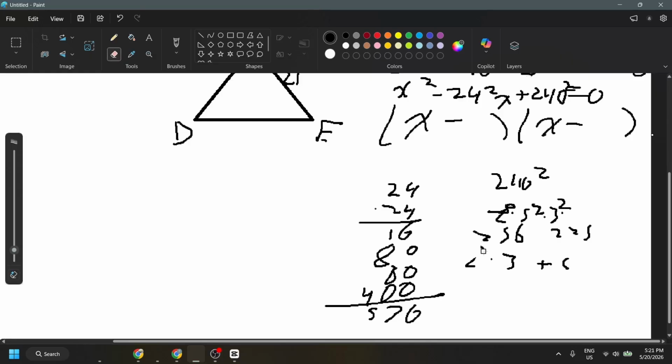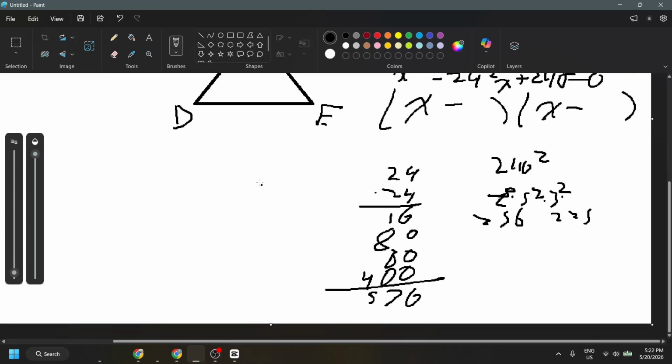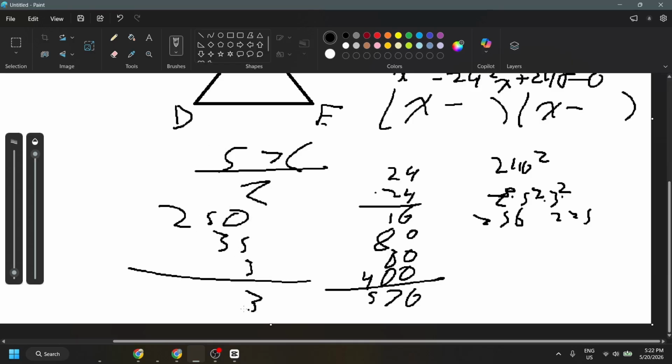So we need an even larger sum, so they need to be closer together. So can I think of a product of these that is close to like 250? Well, 576 over 2 is just going to be 288, so 250 plus 35 plus 3, so it's going to be 3 or 8, 8, 2.